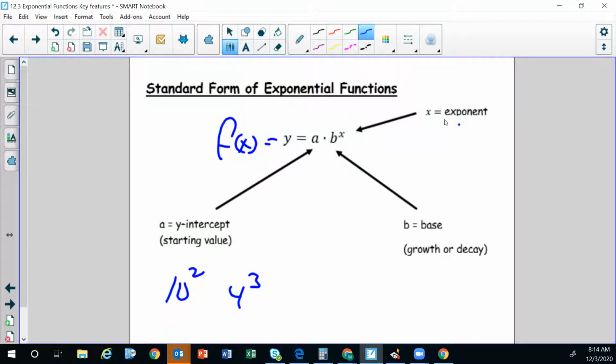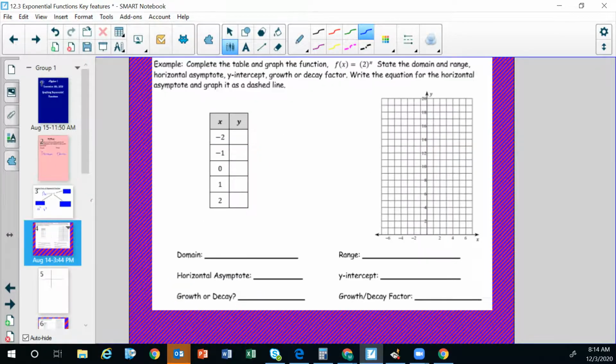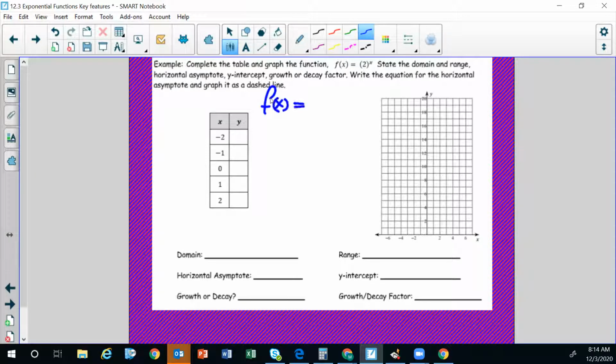Okay, we can talk about your progress report after this. All right, here we go. So we have this example, f of x is equal to 2 to the power of x. We're asked to graph it and find some key features: domain and range, you remember those things, the y-intercept, the decay factor, and there's a new term you haven't come across.